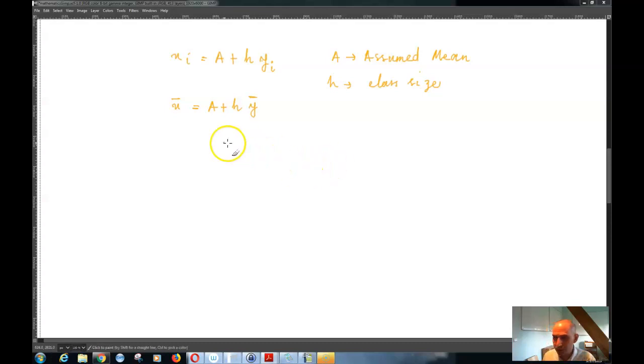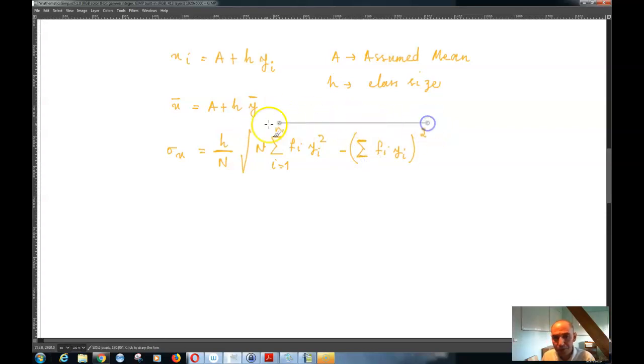And the standard deviation of variable x we calculated as h over n, the square root of n times, I might have written this wrong over there, there is an n over here of course, the sigma of f of i y of i squared, as i goes from 1 to n, minus the sigma of f of i y of i whole squared, and you take the square root of this whole thing, and that is the standard deviation of variable x.